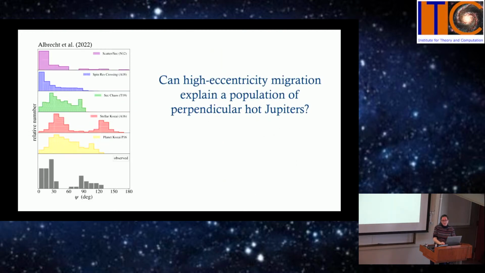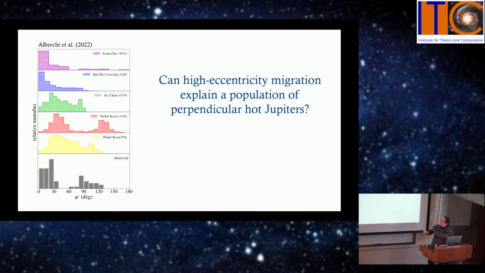So we asked, can high eccentricity migration explain perpendicular hot Jupiters? High eccentricity seems like a more promising place to start than other formation theories, like disk-driven migration, because you can imagine with disk-driven migration, it might be a little harder for things to become misaligned. So here's a plot from the Albrecht paper that I referenced earlier.